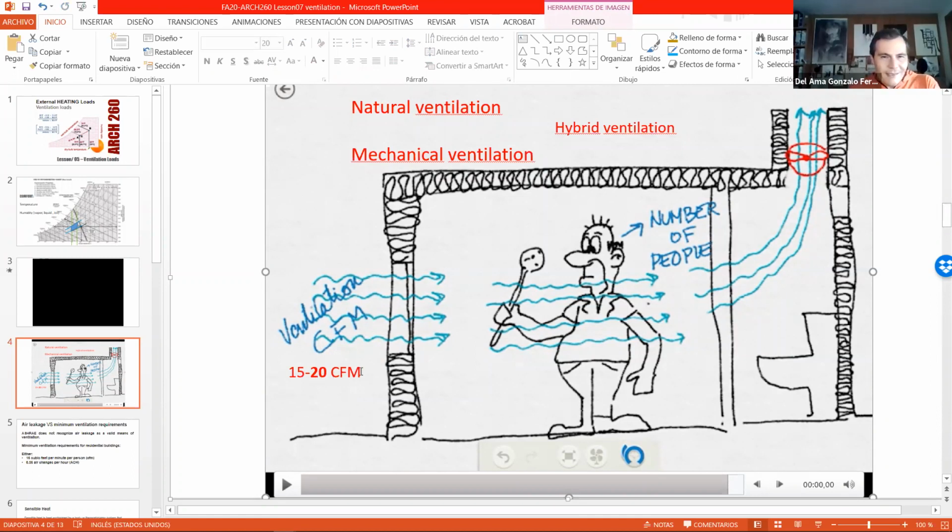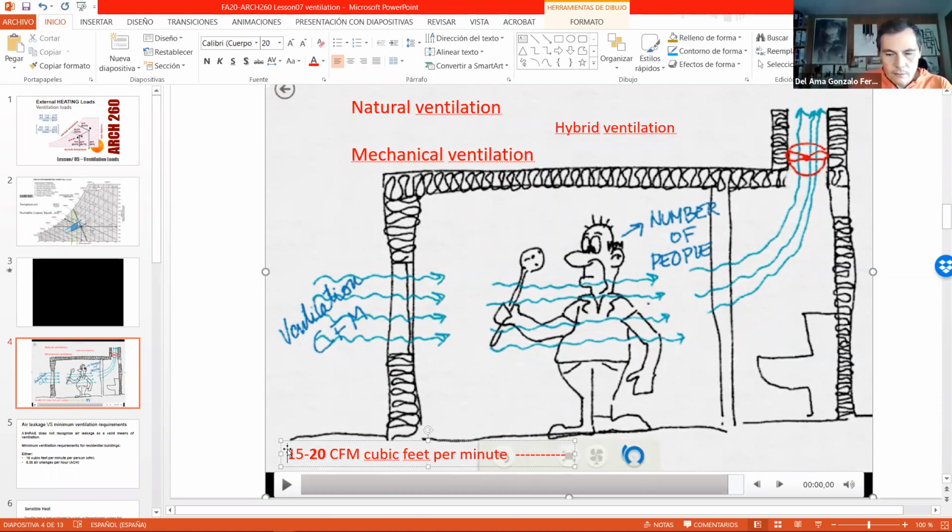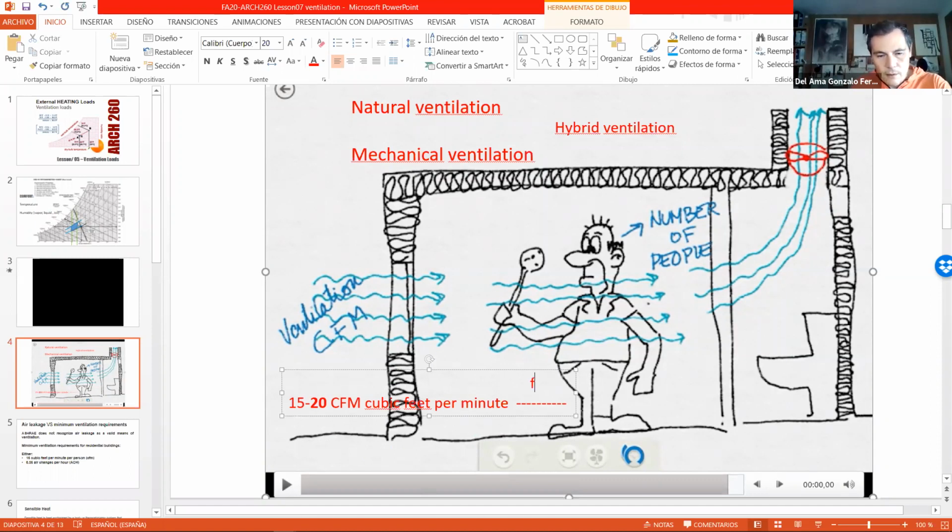So this is the CFM. CFM stands for cubic feet per minute. So the units, we can say that this is cubic feet divided by minute.